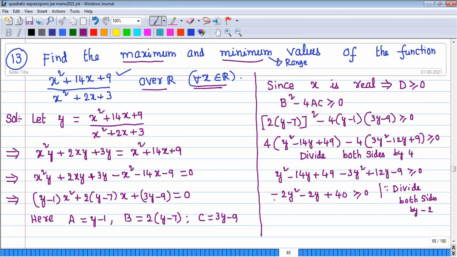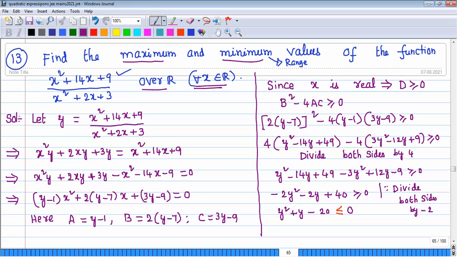So having divided by minus 2, this becomes y square plus y minus 20. Correct? Yes, sir. But the symbol is very important, so I use another color: less than or equal to 0.